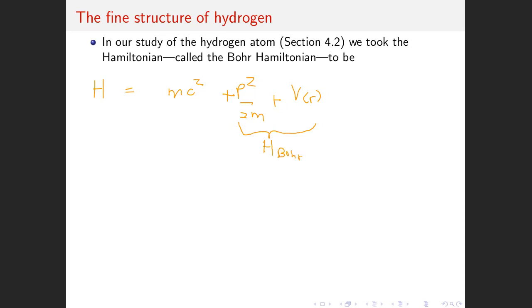But there are other contributions that we ignored, and the way to get them will be to start with the Dirac equation, which I will do in the last lecture. Once you take the relativistic limit, you get the original one that is solved in chapter 4, and there will be other terms which I will derive.